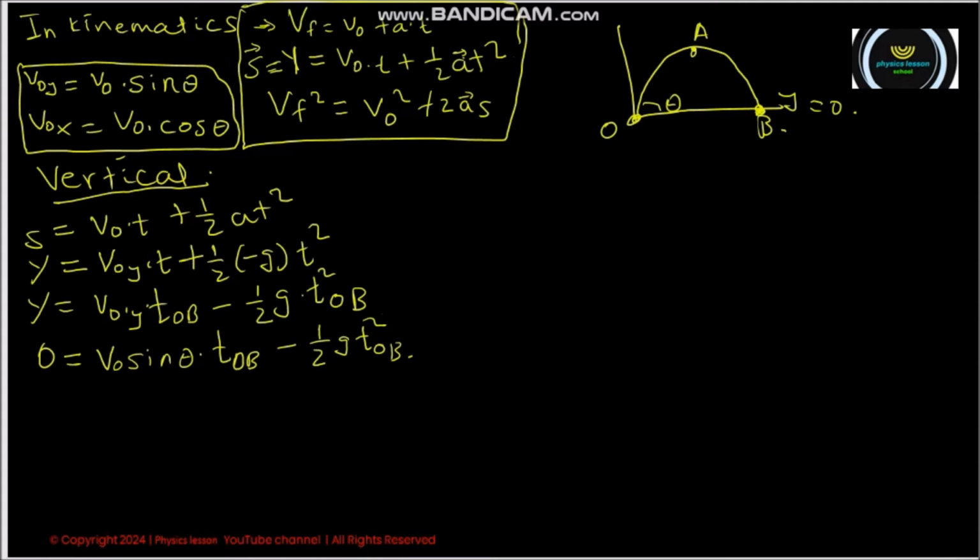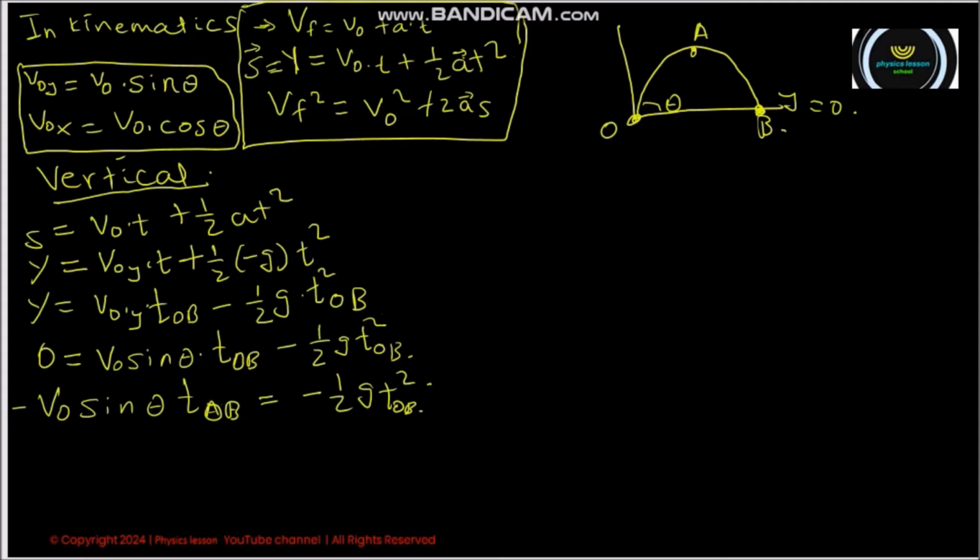Now take one of them toward the left. This is already 0. What's left? v naught sine theta times t OB is equal to 1 over 2 g t squared of OB. OB is the time of the total flight, we are finding the total time.